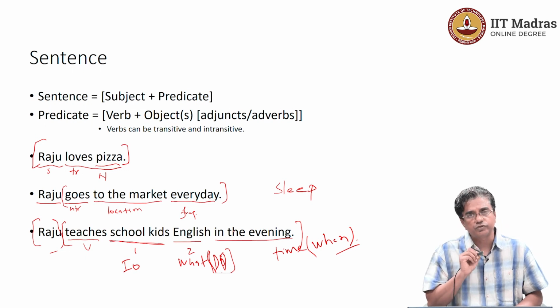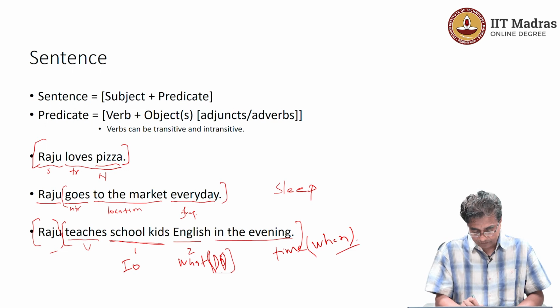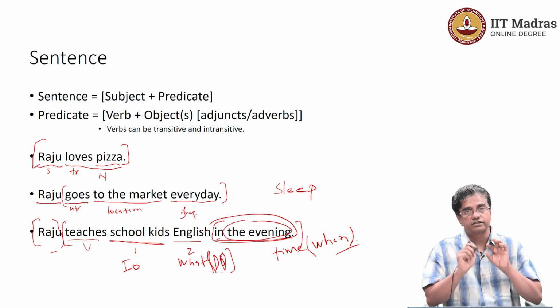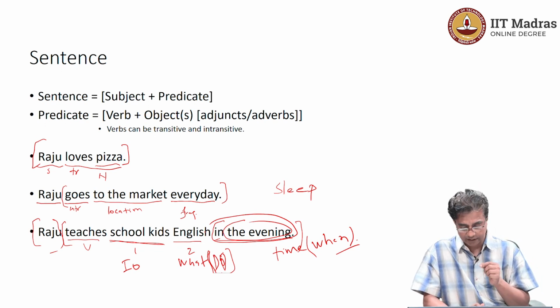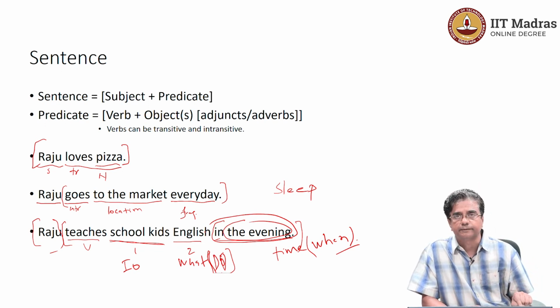If you want to see this in terms of a phrase, look at this. It's a prepositional phrase in English because there is a preposition right in front of a noun phrase, but the function of this entire phrase is to tell us about the time of teaching.